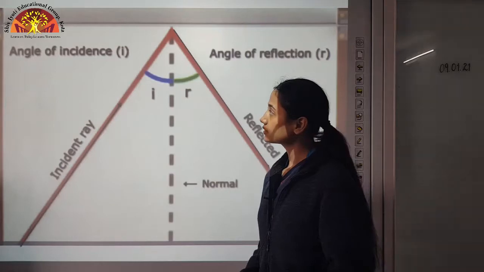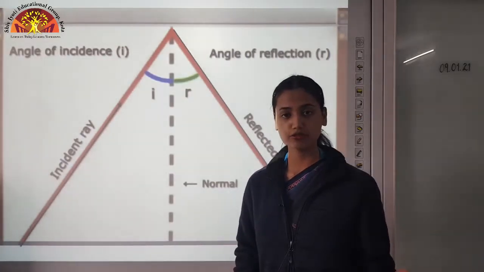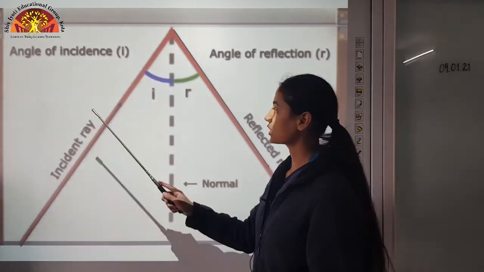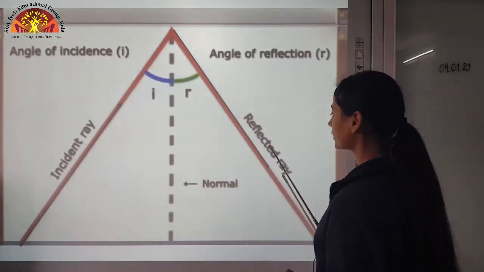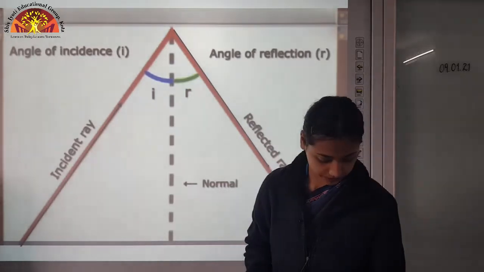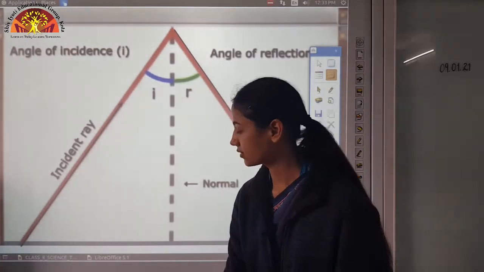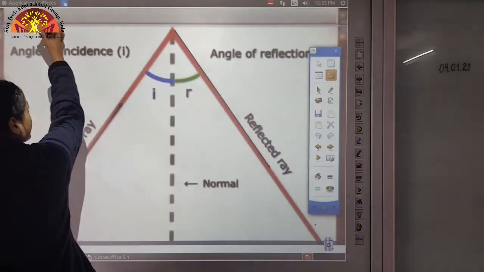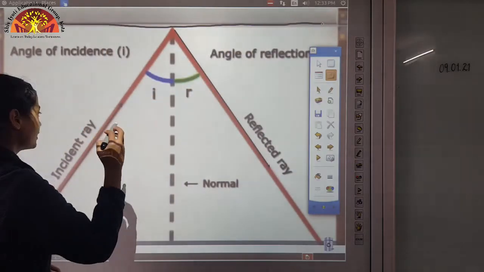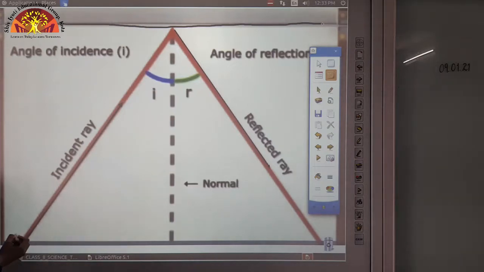Before understanding the first law of reflection, you should know a few terms which are incident ray, reflected ray, normal, angle of incidence and angle of reflection. Let's imagine here a plane mirror, a reflecting surface, and here is a source of light, let's say a torch, and it is giving light.